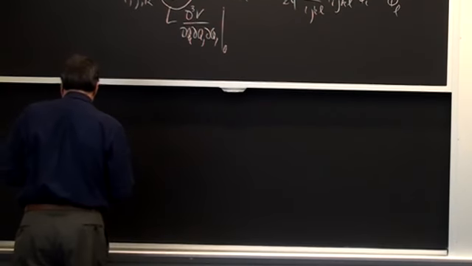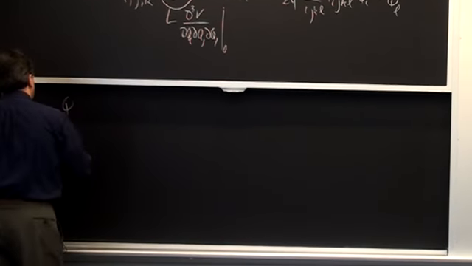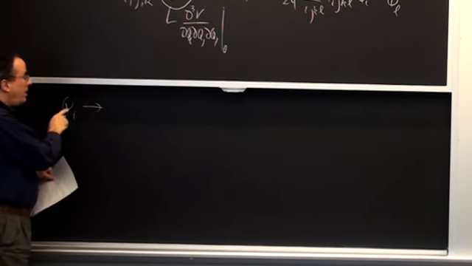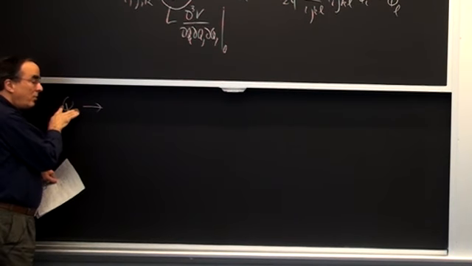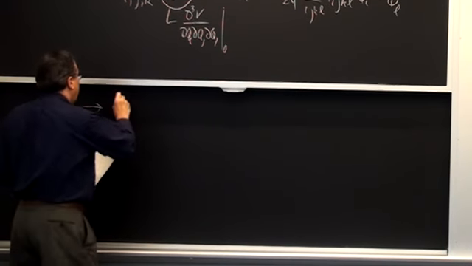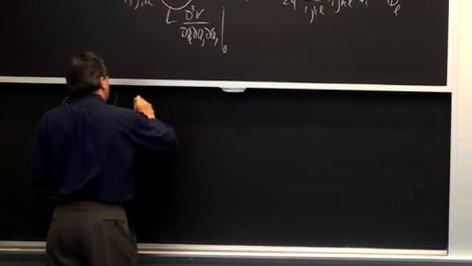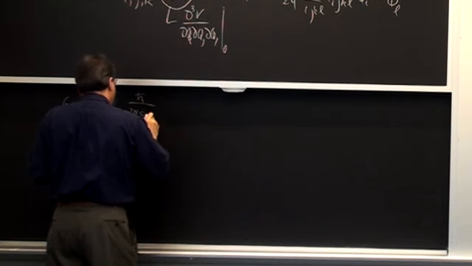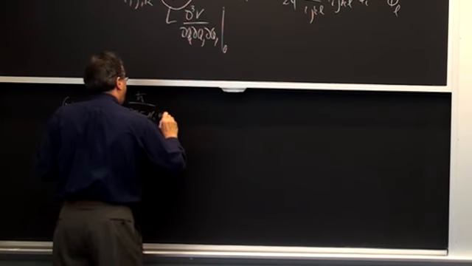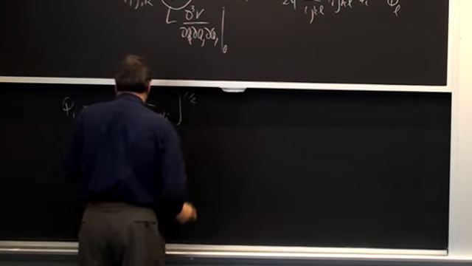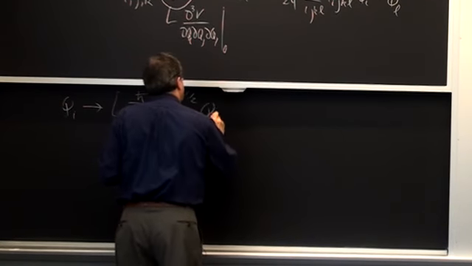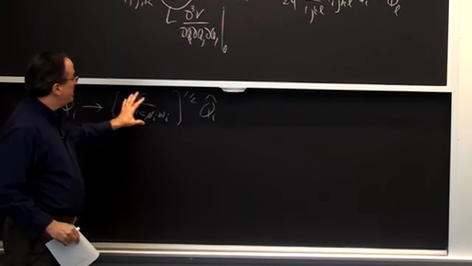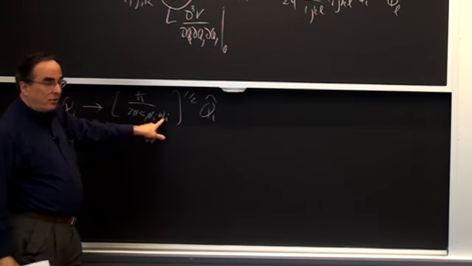So there is a simple prescription for replacing an ordinary coordinate with units by a dimensionless quantity, and so we get... so this is a factor. This is the normal mode frequency.